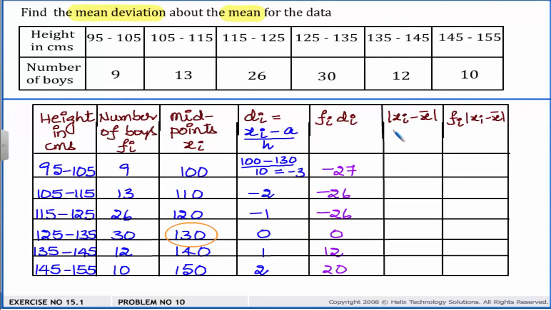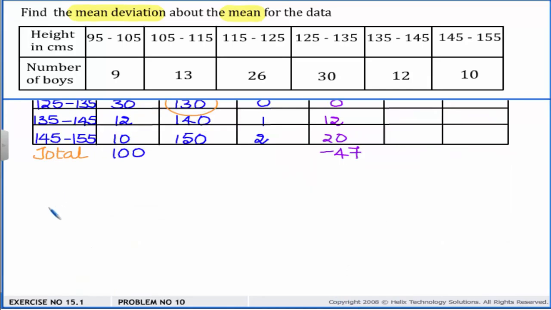Now, we are supposed to find out modulus of xi minus x bar, where x bar is the mean of the given data. For that sake, we need to find out the sum of the frequencies and the summation of fi and di. Now, the sum of the frequencies is equal to 100 and the summation of fi into di is equal to minus 47. Let us write it here. Capital N is equal to the summation of fi, where i equals 1 to 6 is equal to 100.